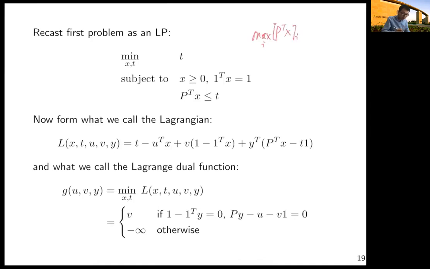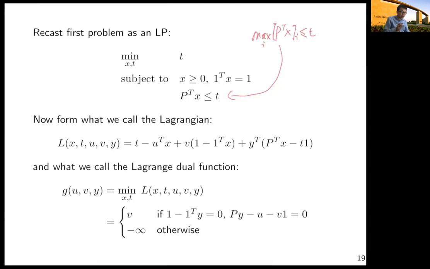Let's say that this is smaller than t and convert that into a set of constraints. Then this is an equivalent linear program that completely captures the solution of the previous one. With this reformulation, we are now more or less in standard form, and we can work out the Lagrangian, and then minimize the Lagrangian to get the dual function.